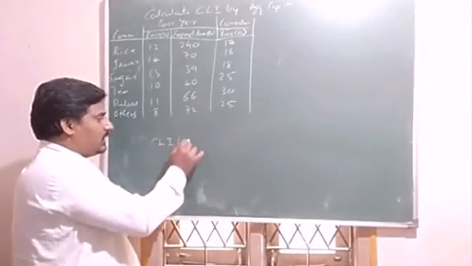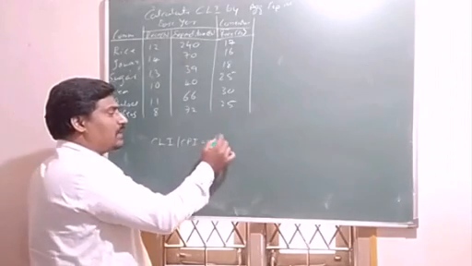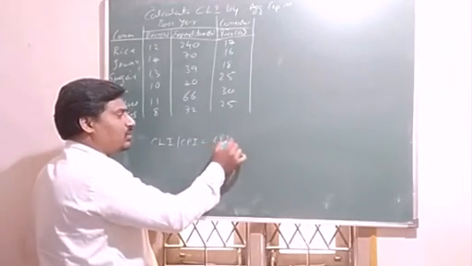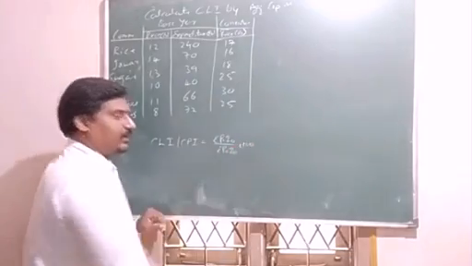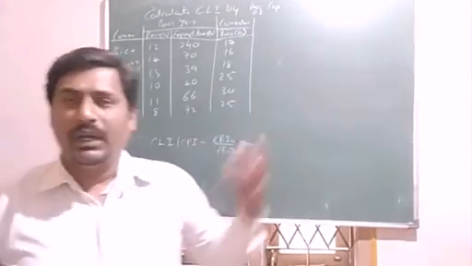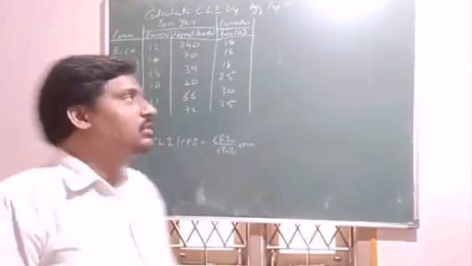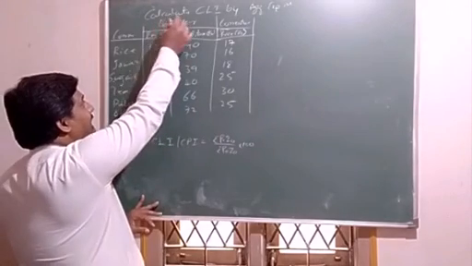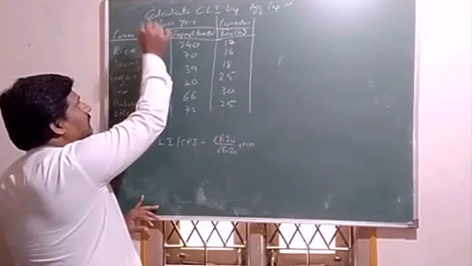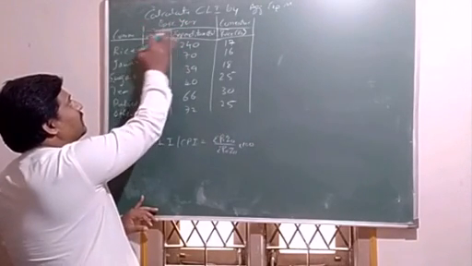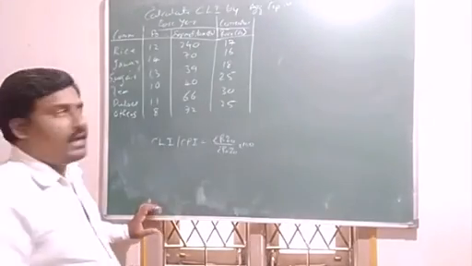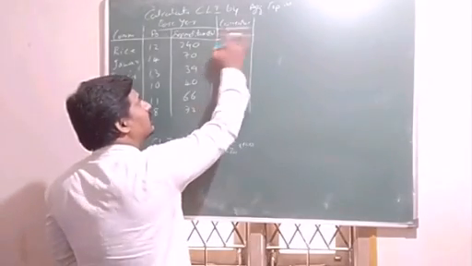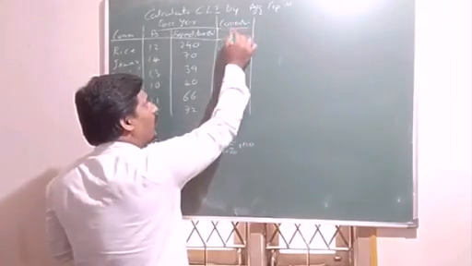CLI or CPI is equal to summation P1 Q naught divided by summation P naught Q naught into 100. And what columns have they given? First, base year price, which is P naught. Then current year price, which is P1.